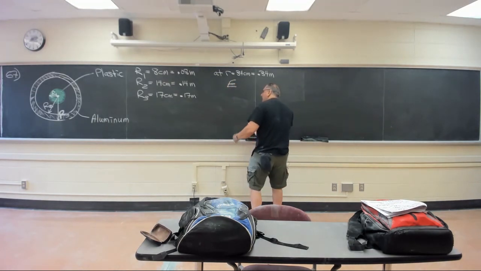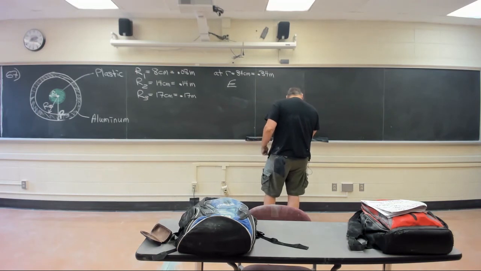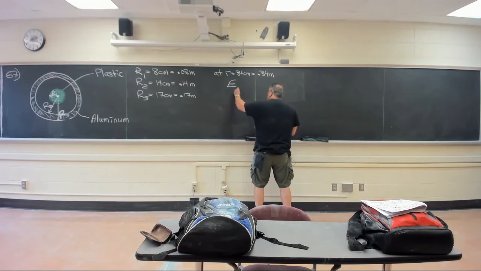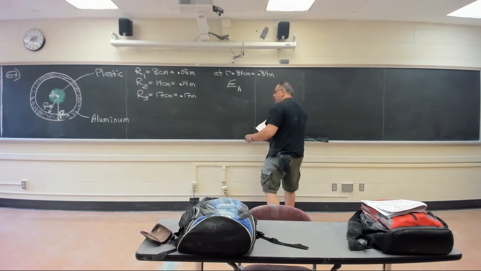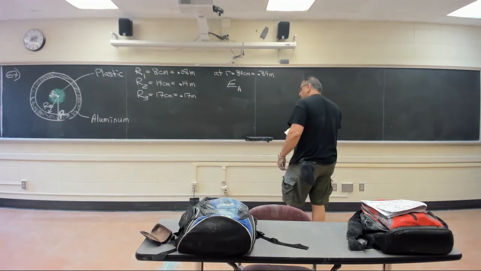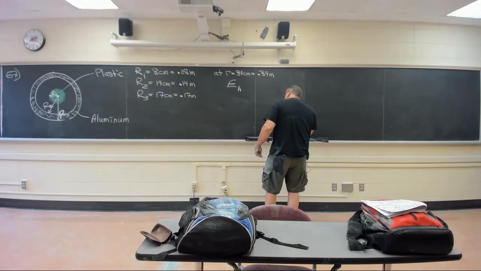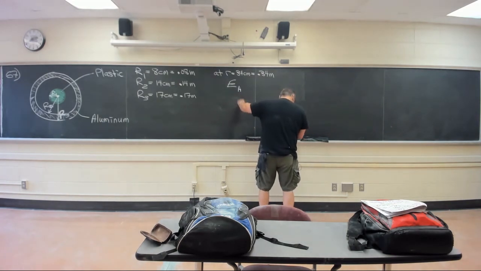The E field at 34. Let's call it A for the heck of it, since there's no A, B, C's anywhere here, not to be confused with aluminum. Just call it E sub A, outside of the aluminum, I guess you could say.